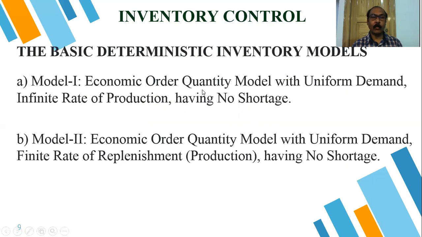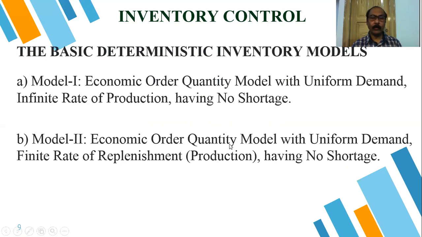Model 1 is the economic order quantity model with uniform demand, infinite rate of production, and no shortage. That means as soon as the quantity is exhausted, we get the quantity for that particular item.